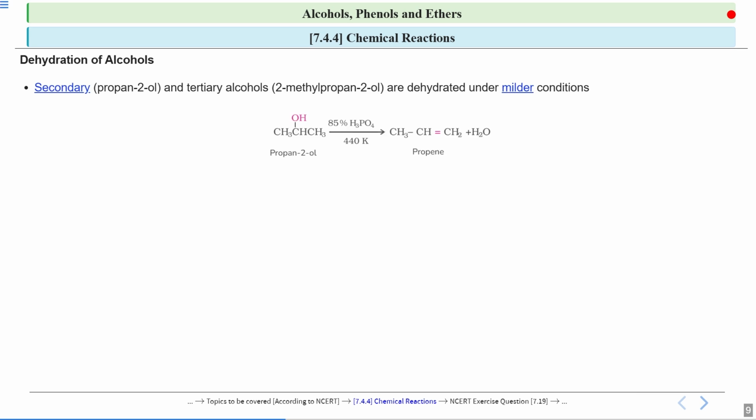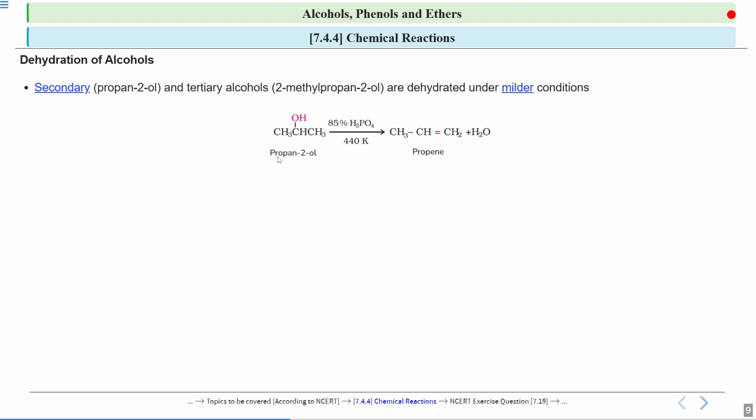Before looking at the mechanism, secondary and tertiary alcohols are dehydrated under milder conditions. As you have seen in primary alcohols, it was concentrated H2SO4 and the temperature was high. But secondary and tertiary alcohols take place at milder conditions. 100% concentration of acid is not required; even 85% concentrated can work here.